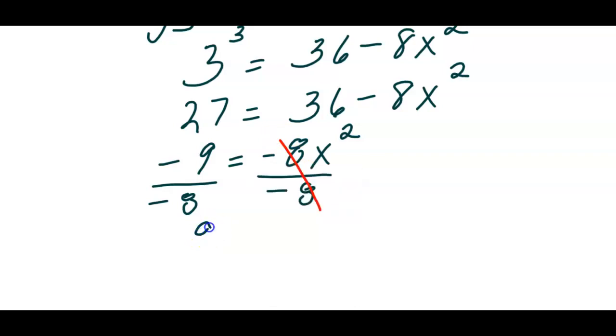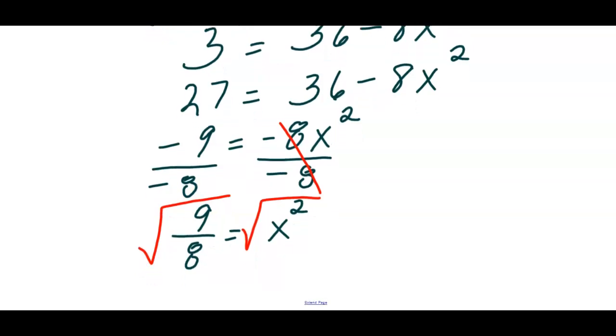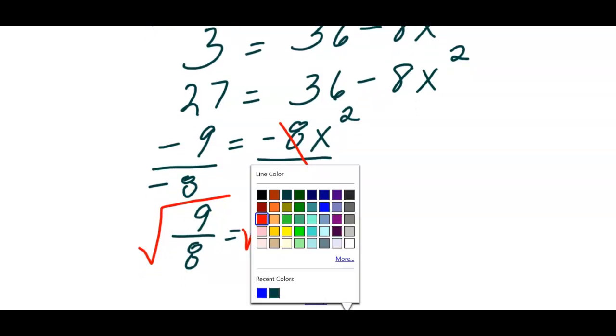Okay, so this gives us positive 9 over positive 8 equals x squared. Okay, so now we have to take the square root of both sides. Taking the square root of a fraction, we take the square root of the numerator, then the square root of the denominator.